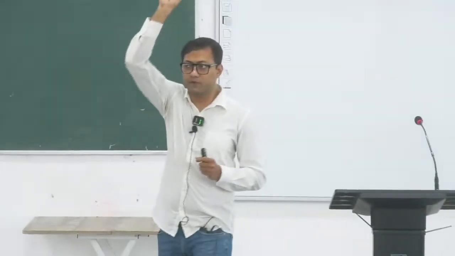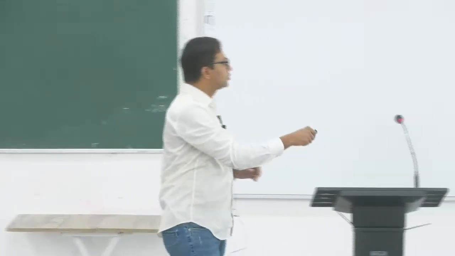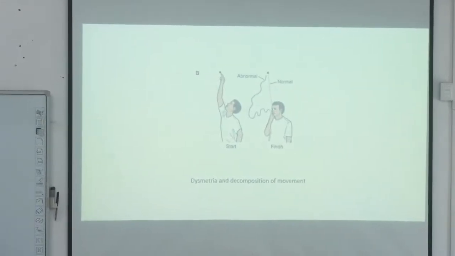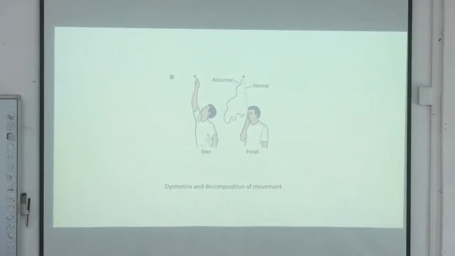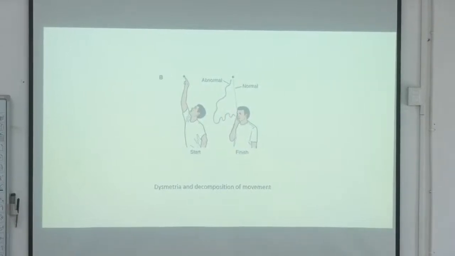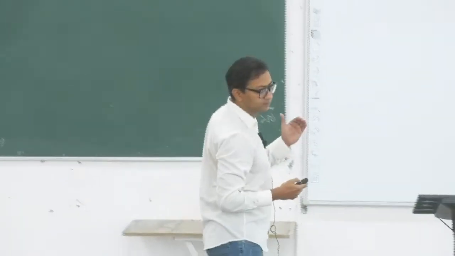Instead of a smooth movement from the point above to the tip of the nose, the patient does this haphazard movement and finally touches or may not touch the tip of the nose.